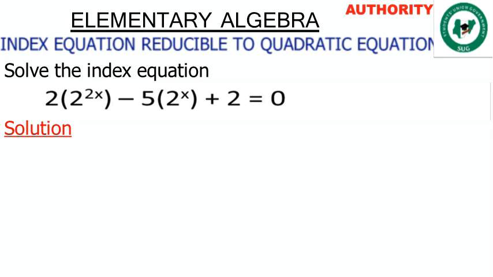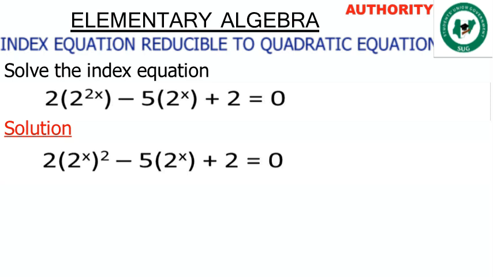Okay, now let's go. We have 2 open bracket 2 raised to power 2x. This 2 raised to power 2x can be split into 2 terms.